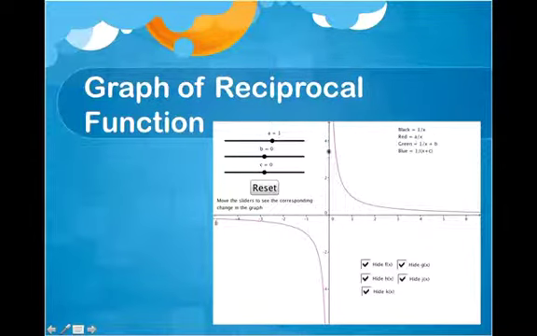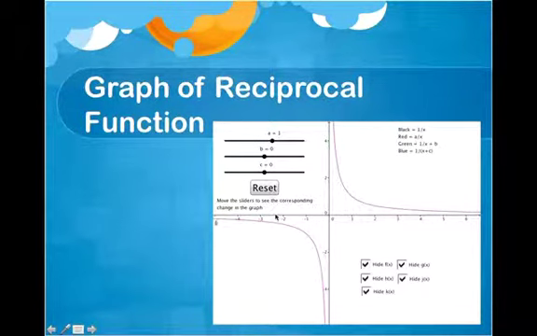So as our graph moves up this way, it gets infinitely close to the y-axis here, but never gets there. Same with this direction. If we go infinitely down this way, it gets infinitely close to the y-axis, but never actually gets there. Okay, so this is called a vertical asymptote.